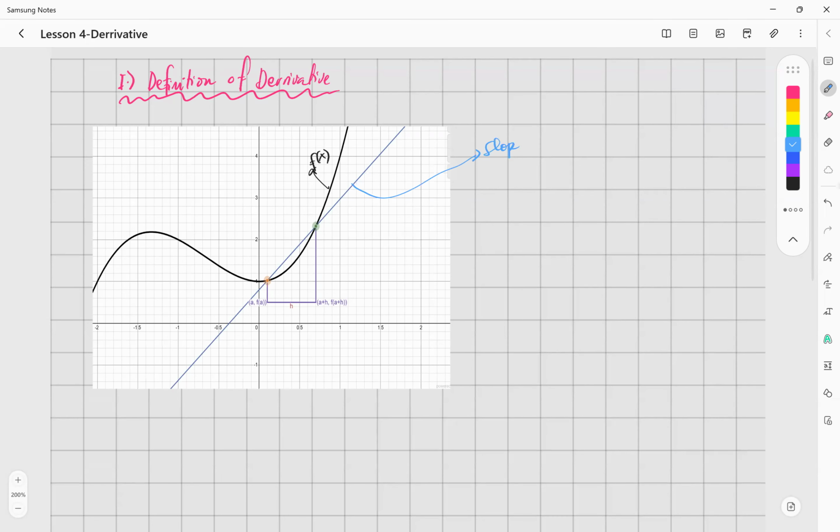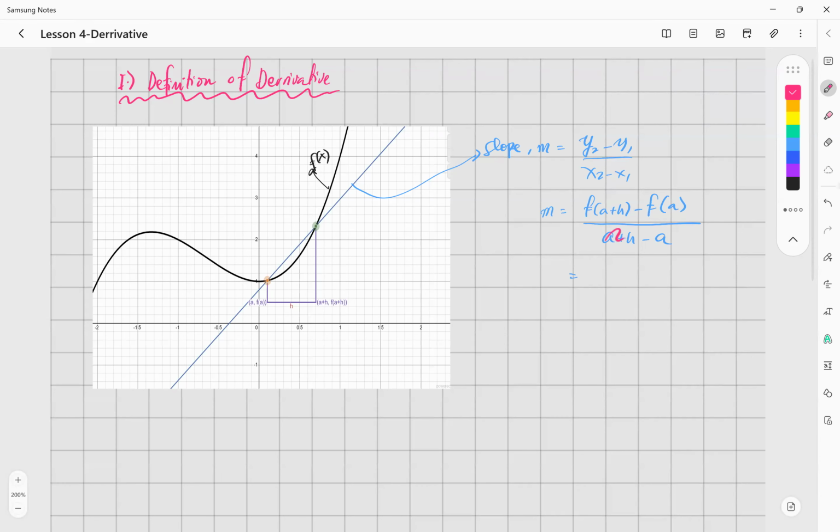The slope of this is equal to y2 minus y1 over x2 minus x1. But the slope is simply equal to f of a plus h minus f of a divided by a plus h minus a.